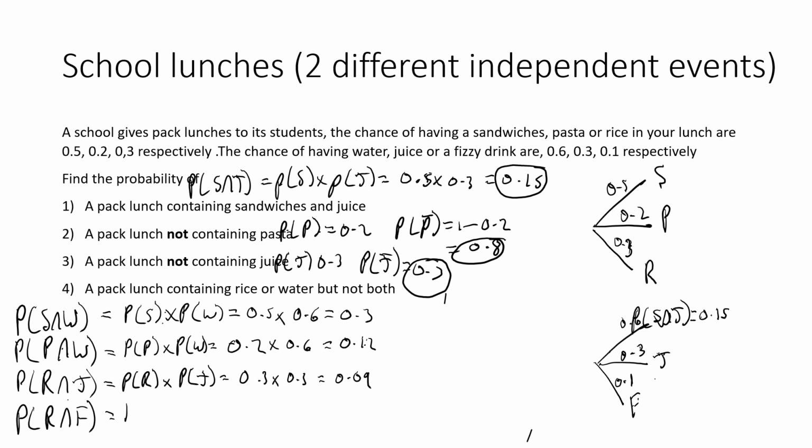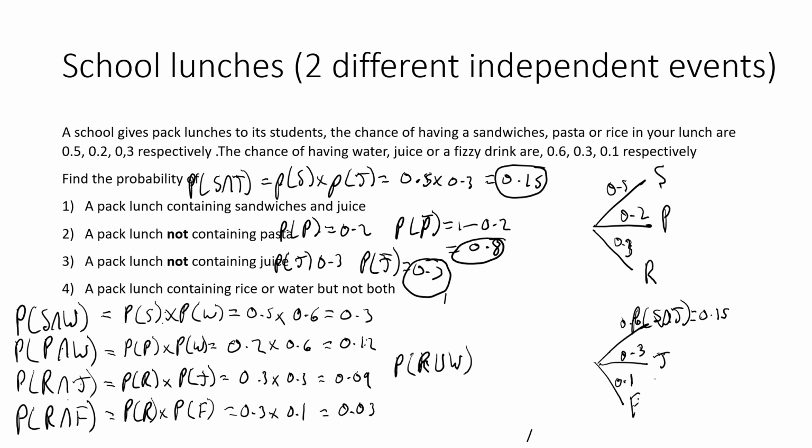And the probability of rice times the probability of a fizzy drink is 0.3 times 0.1, which is 0.03. Now if we add them all together, we will get the probability of rice or water.